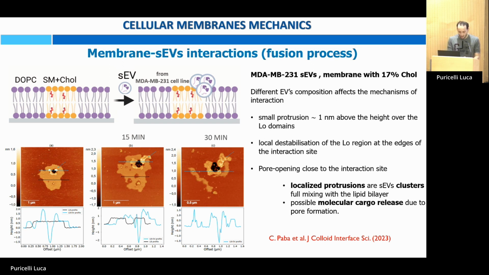And what they have noticed is that extracellular vesicles coming from different cell lines behave in a different way, also because they have a different membrane composition and interact, of course, in a different way.